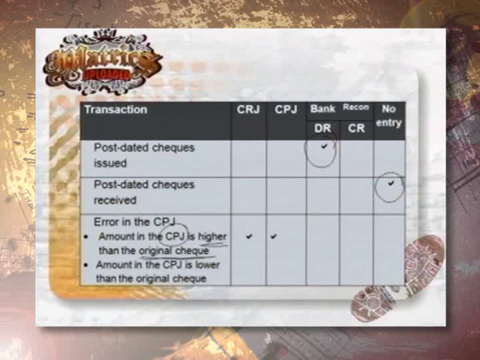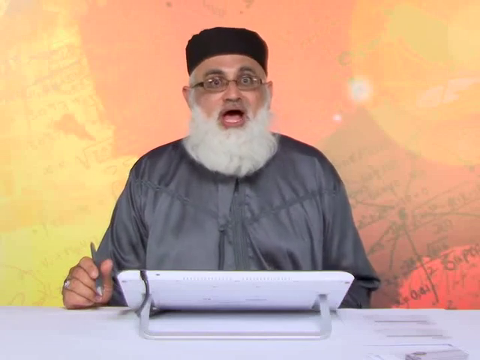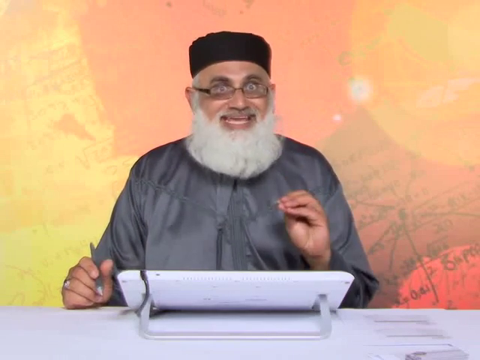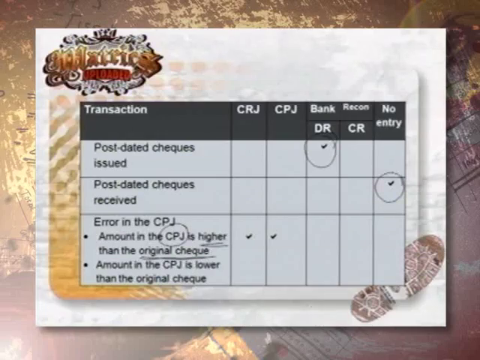If the amount in my cash payments journal is higher than the original check, that means that this entry is in my cash payments journal, but there's too much an amount in my cash payments journal. As a result of which, what am I going to do? I'm going to now have to make an entry in my cash receipts journal. That's where I'm going to make the entry.